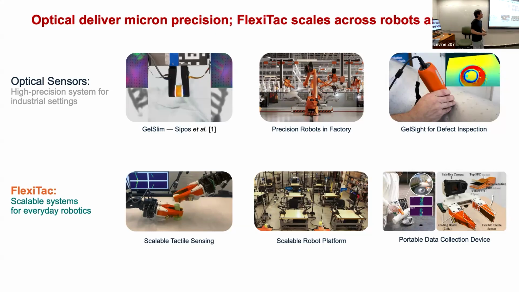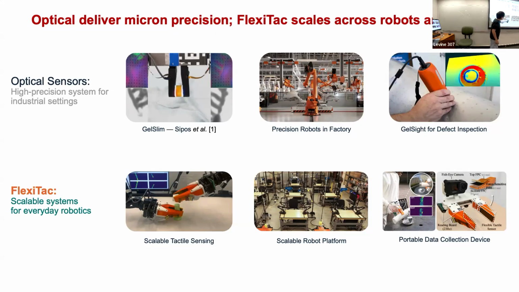I have talked with some professors in aerospace and mechanical engineering who do metal detection for airplanes. For that kind of defect detection, if you're using GelSight, that will be the best solution. But for this FlexiTac sensor, we find it can scale across robots and tasks. It can help you scale the robot platform better.